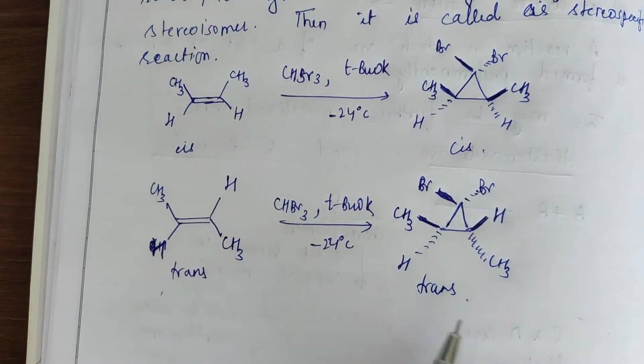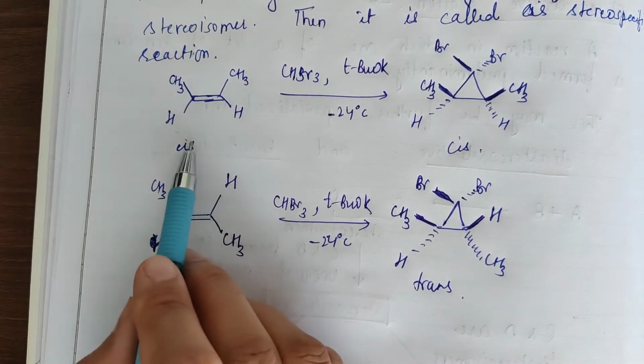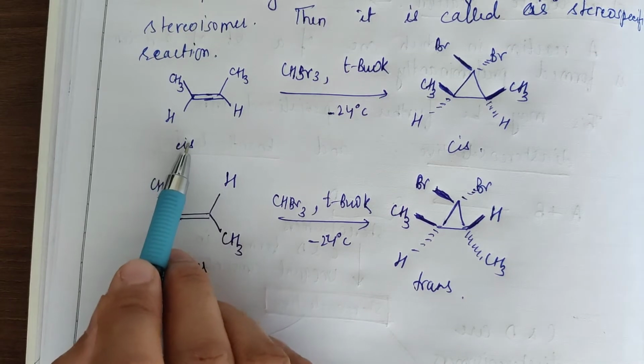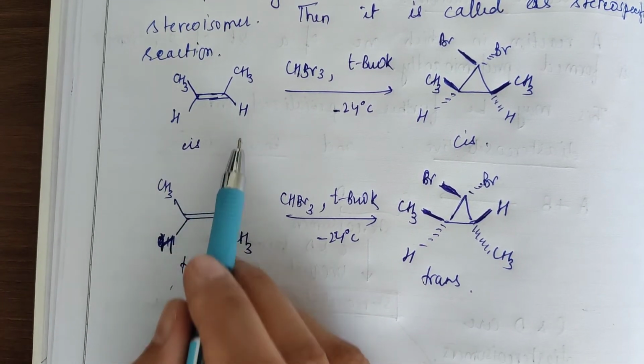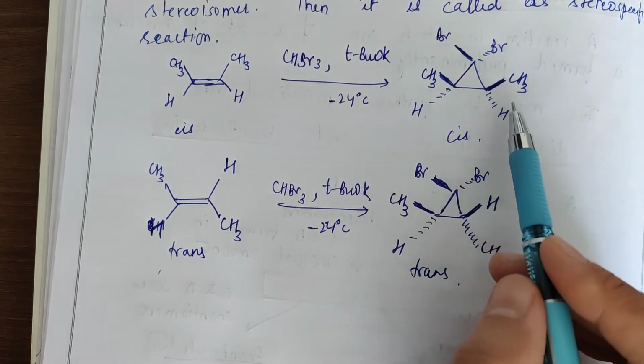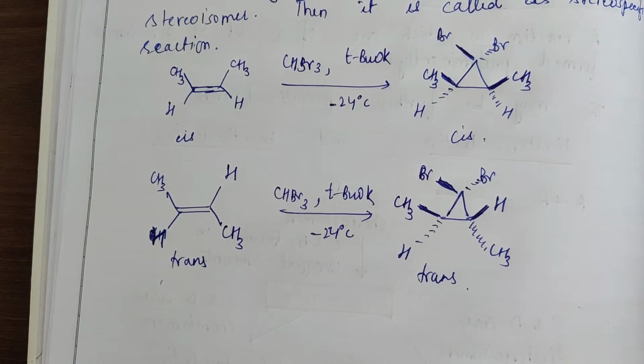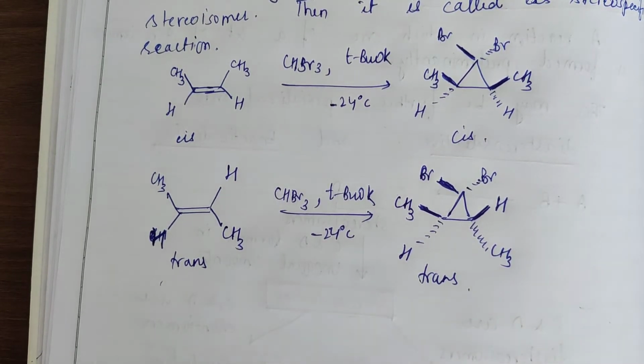In case of trans, the product is again trans. There is no possibility that you react the cis isomer and obtain both cis and trans in the product. There is only one option. Cis will give you cis, trans will give you trans as a product. So if the reaction is of this type, then we call it a stereospecific reaction.